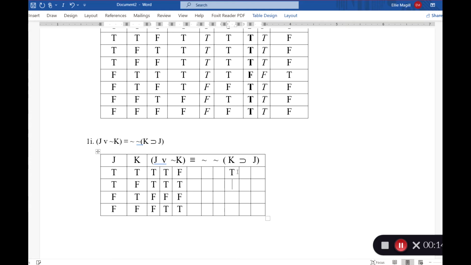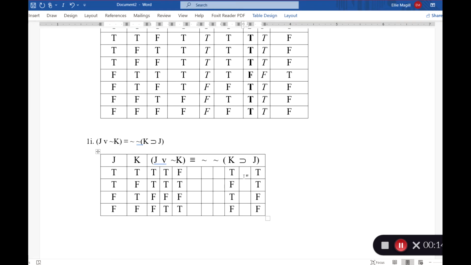So we're going to have true, false, and the reason I wanted to make sure to fill this in is because our antecedent is K, and then our consequent is J. So if we're not careful when looking at this, we might get them inverted in our head, and then not be very clear on what we're doing, right? So we want to make sure that we're looking at K as our antecedent and J as our consequent. So just filling them in can be really helpful.